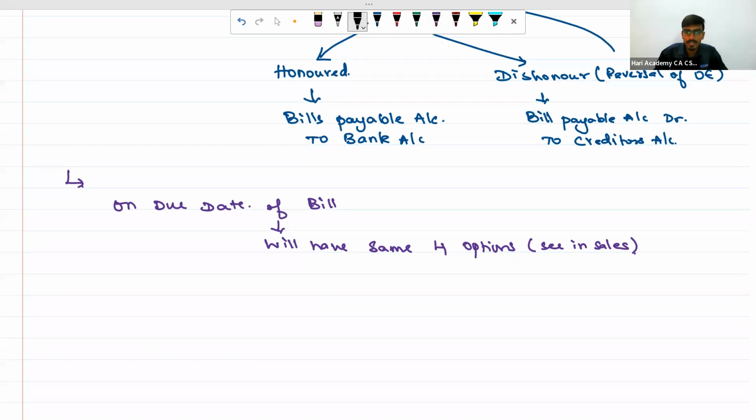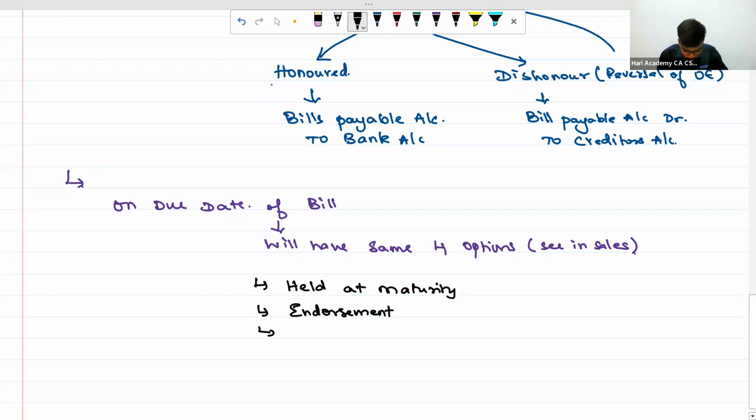Next one is endorsement of bill. I may endorse the bill. Then third one is discounting with the bank.